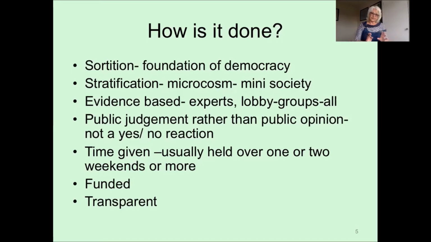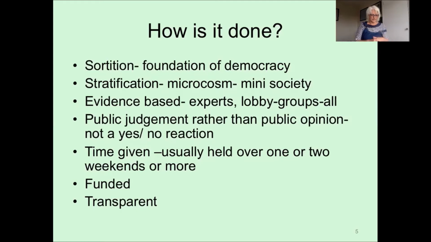However, this particular method was not very equal, because women couldn't take part in this form of democracy. They weren't allowed to. Slaves weren't allowed to take part, and also if you didn't have a certain amount of money, you couldn't take part. So it wasn't really fair.